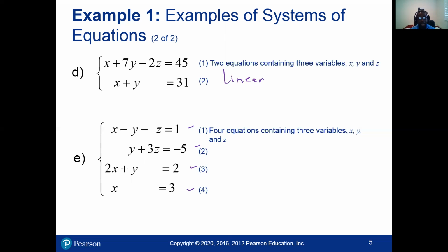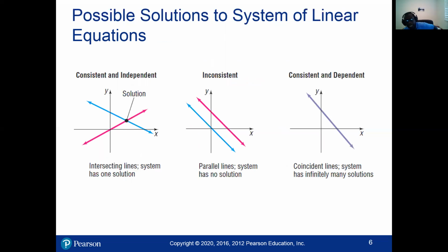Now, if you solve any system of equations, whether it's linear or quadratic, there are 3 possible solutions. If it's linear with 2 variables, you have 2 lines that will intersect at a point, and that point of intersection is the solution, because at this point the coordinates x and y satisfy both equations.